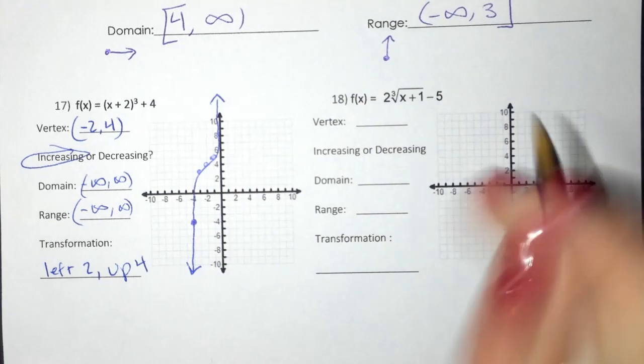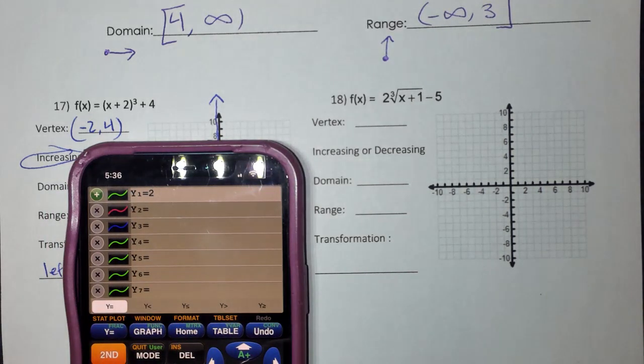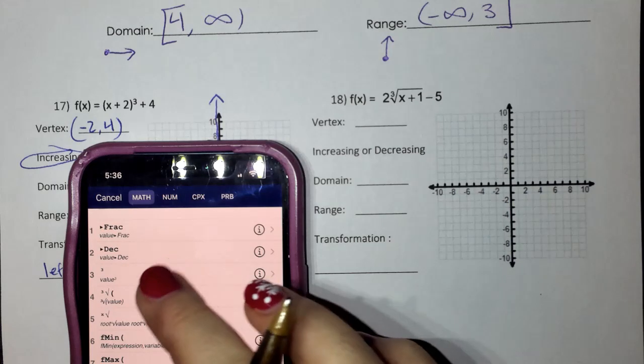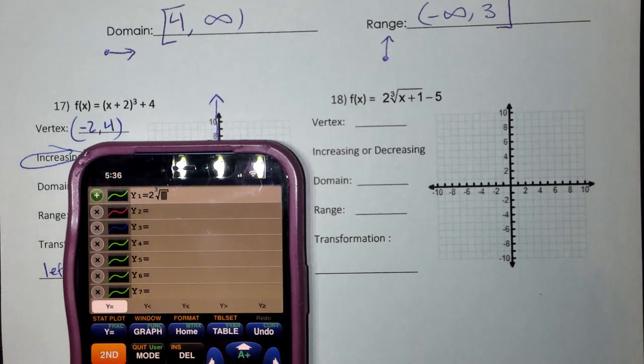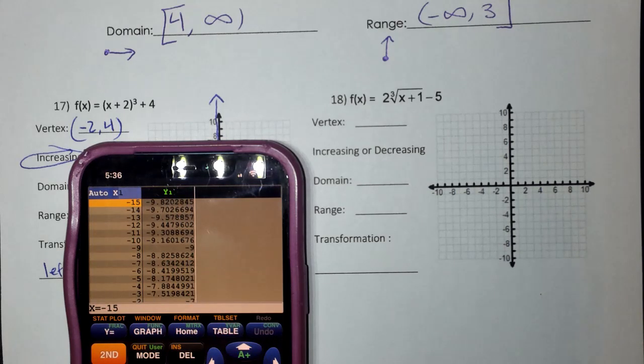Okay, this one, I'm going to type my equation in. So 2, math 4, x plus 1, minus 5. I'm going to go to my table. Whoa. And remember, we start at -10, and we plot only the pretty points.